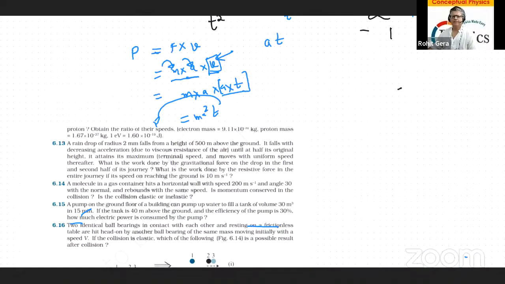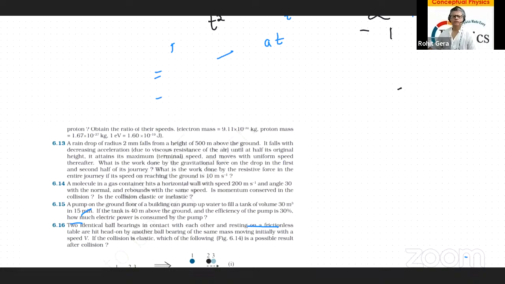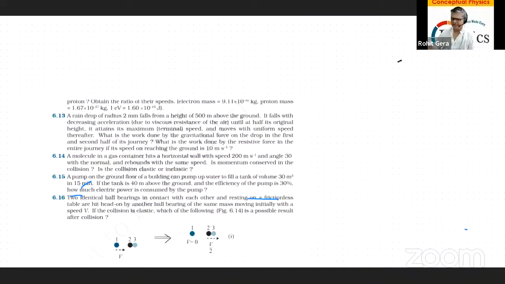Okay, so that we don't lose sight of the question, I will just do it on the right hand side. A raindrop falls so and so. So let me draw a diagram and see if we can understand it from the diagram. The first half of the journey, it is falling here and some variable force is acting, and weight is also acting throughout. So let me mark an interim point. A to B is the first half of the journey, this is weight, and he says there is a viscous force, some sort of friction.